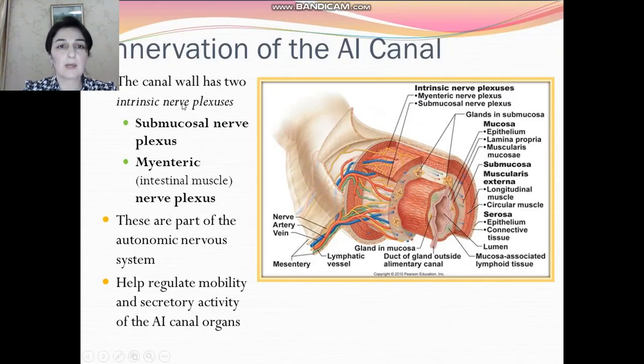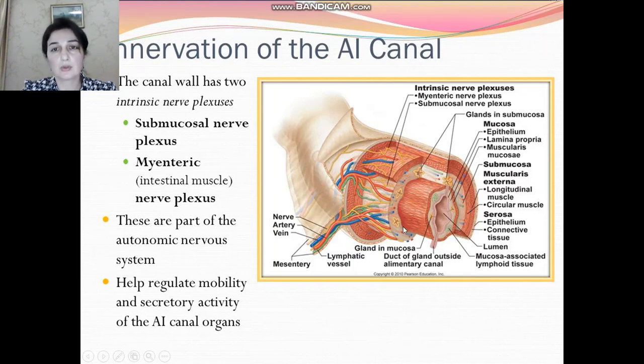Now let's talk about the innervation of the alimentary canal. Before talking about the stomach, I want you to know about the innervation of the alimentary canal. We know the layers of the alimentary canal: the tunica mucosa, submucosa, then the muscularis externa, and the outermost coat.